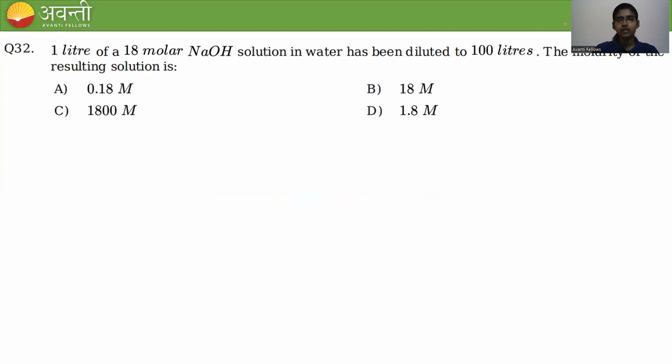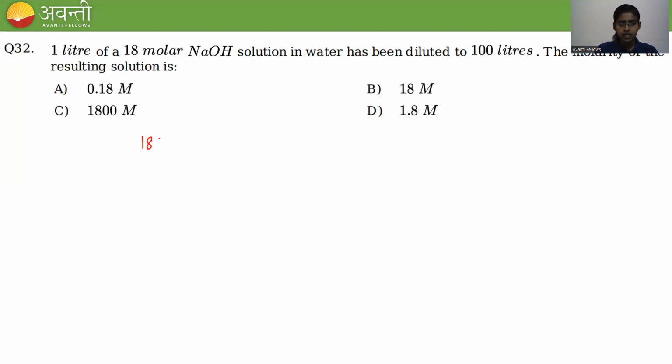1 liter of 18 molar NaOH solution in water has been diluted to 100 liter. The molarity of the resulting solution is asked, and 4 options are given. Initially we had 18 molar NaOH. What is meant by 18 molar?